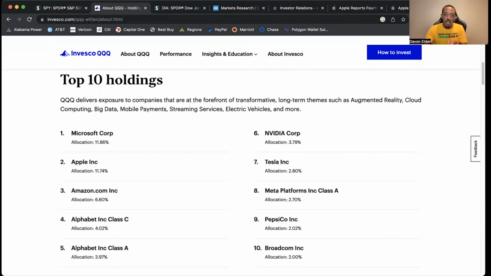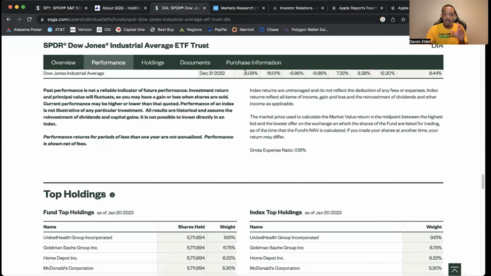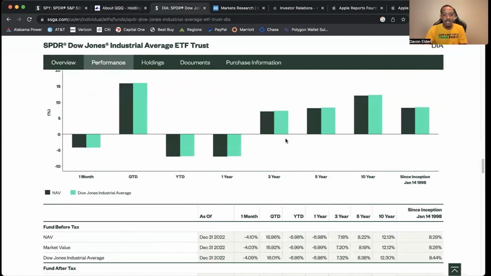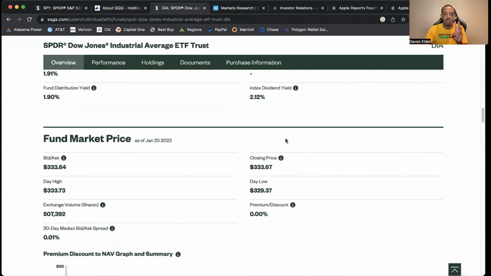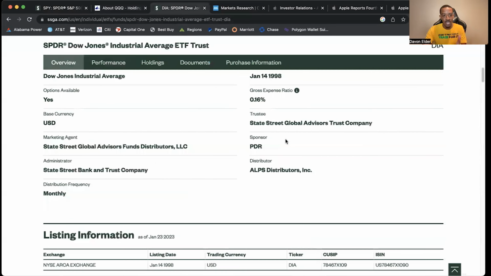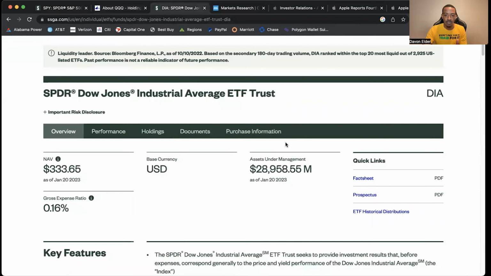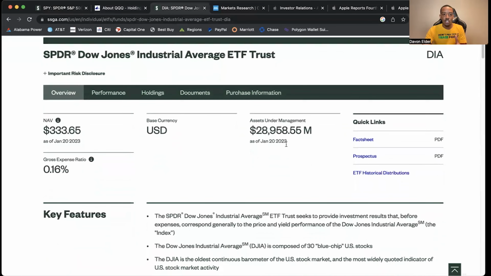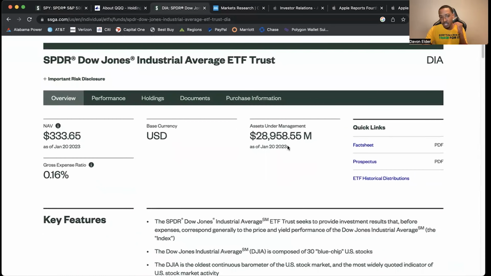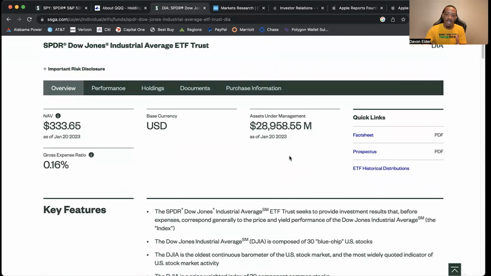The third ETF I want us to look at is DIA, ticker symbol DIA, which tracks the Dow Jones Industrial Average.